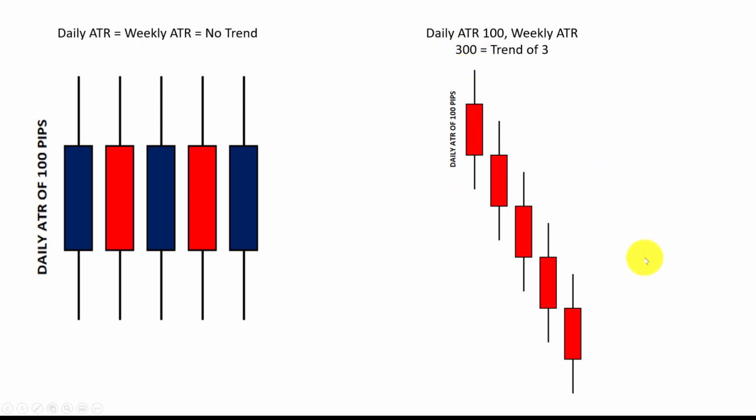So by comparing the daily range to the weekly range, we can tell whether a currency is trending or whether it's a sideways currency. We can tell the trendiness of a particular currency.